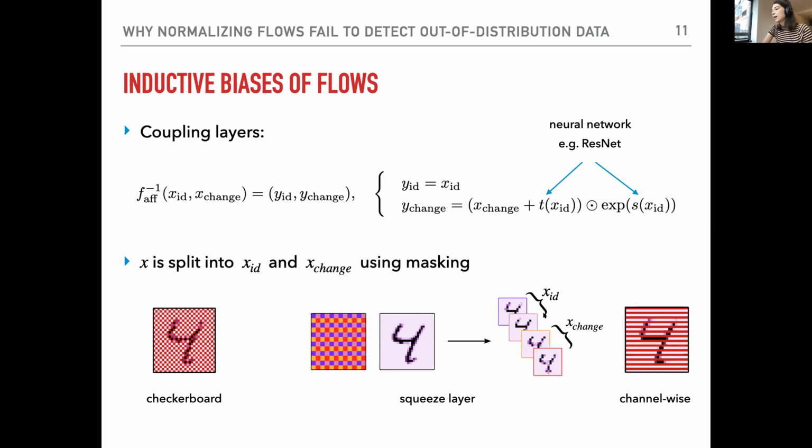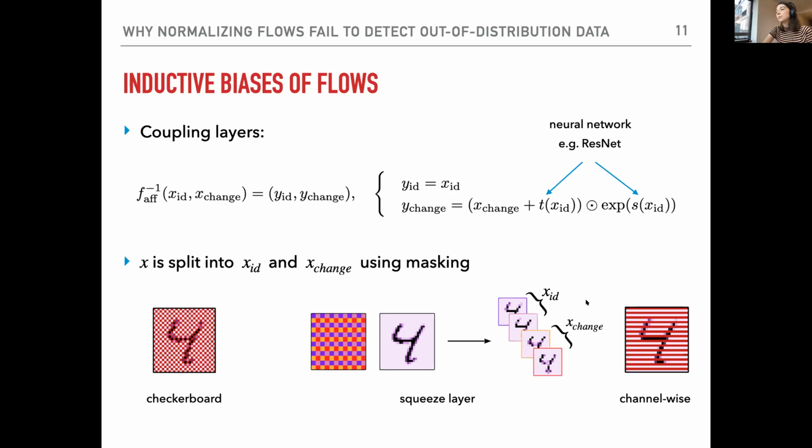In this case, the first two channels would be X_id and the second two channels would be X_change. If we condition on the first part X_id and predict the parameters of the affine function for X_change, it would be equivalent to conditioning on every other row of the image and predicting the parameters for the rest of the rows, basically.